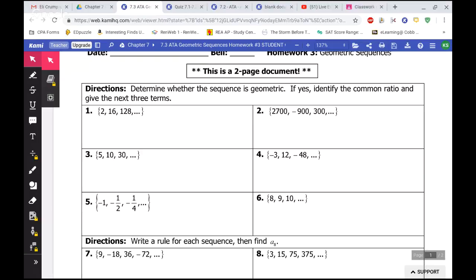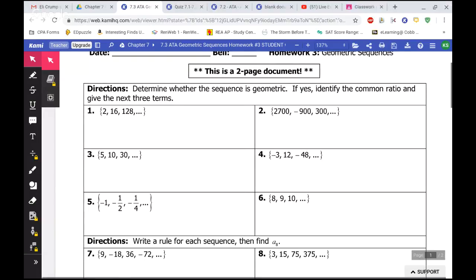Sorry about that. The first thing you want to reference with these is to make sure you have your formula for the geometric sequence, because that's pretty crucial. I'm going to write that up in the right-hand corner.